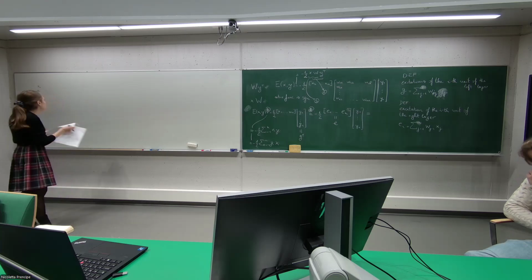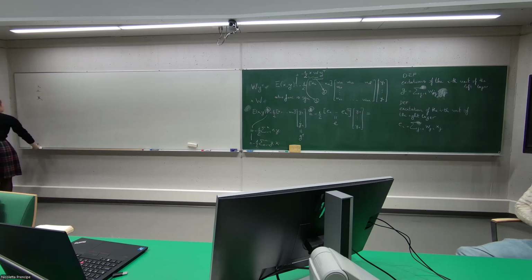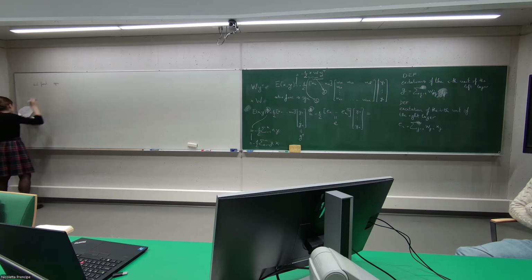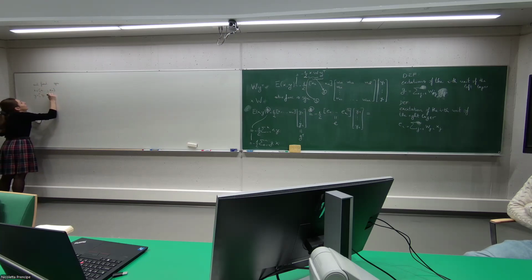So, first of all, we start by saying that the activation function is the sign. We call the vectors x, and the state x, y, y1, y2.